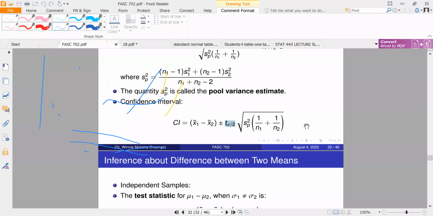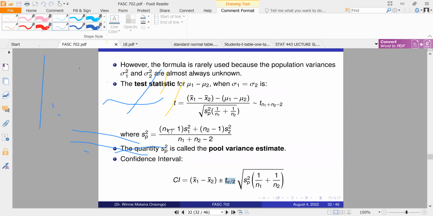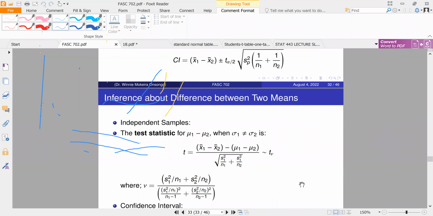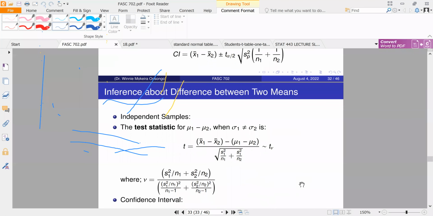And also, as long as that is happening, you have to calculate the pooled variance. It's very important that it's calculated for you to be able to get that confidence interval. So that is all with respect to inference between the difference of 2 means.